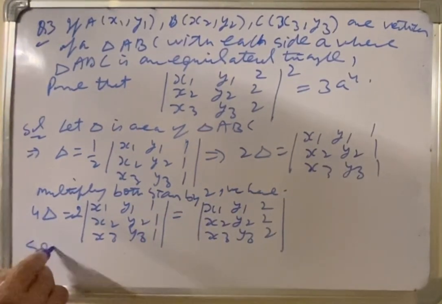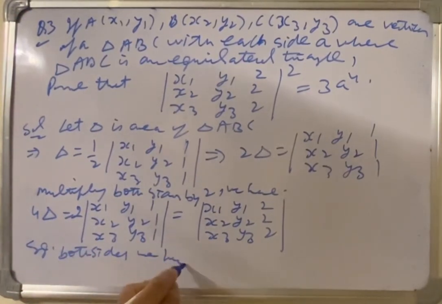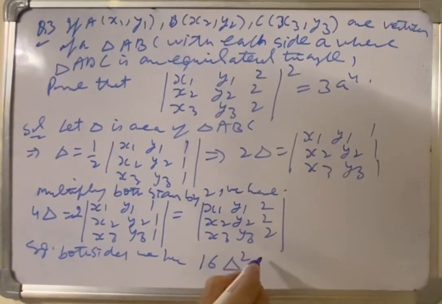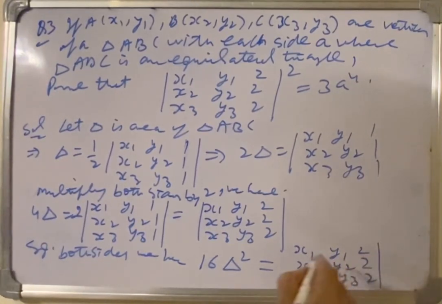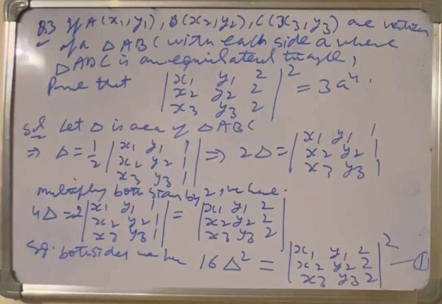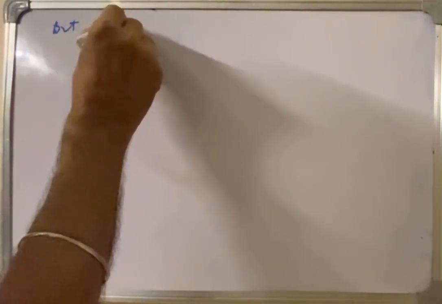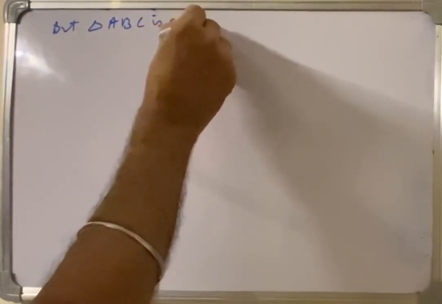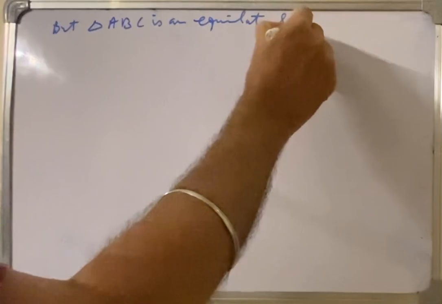Squaring both sides, we have 16 delta square is equal to the determinant x1 y1 2, x2 y2 2, x3 y3 2 whole square. This is the first equation. But triangle ABC is an equilateral triangle.